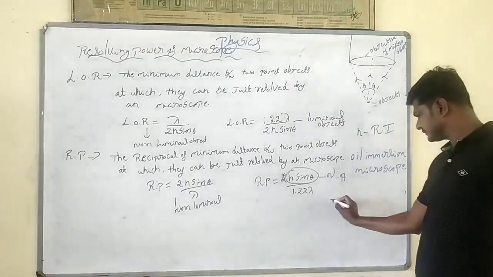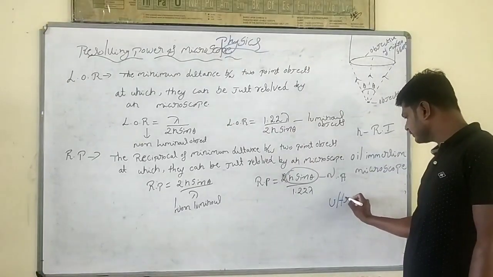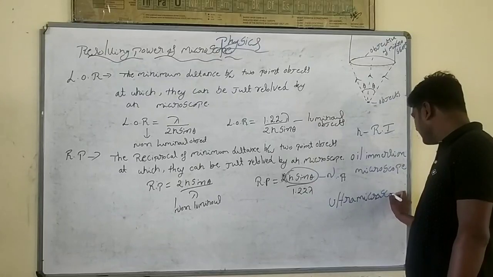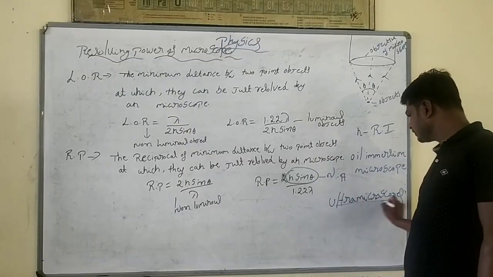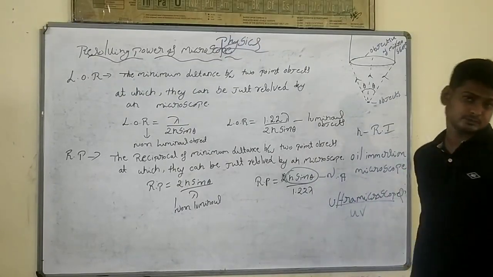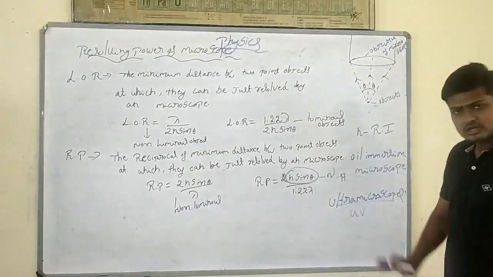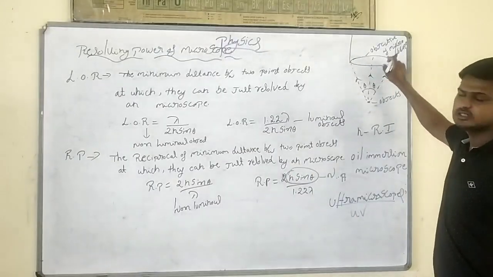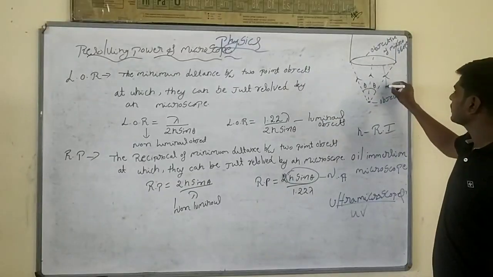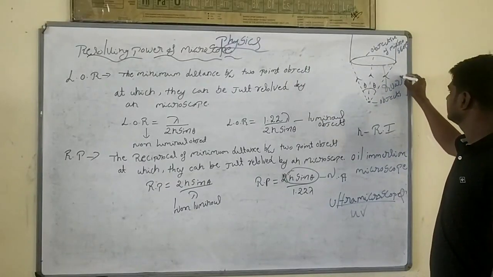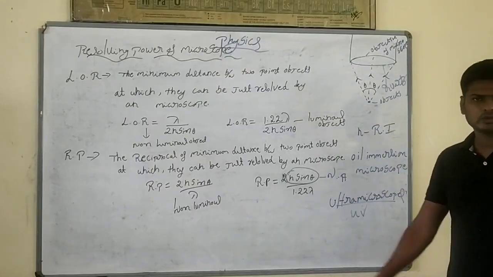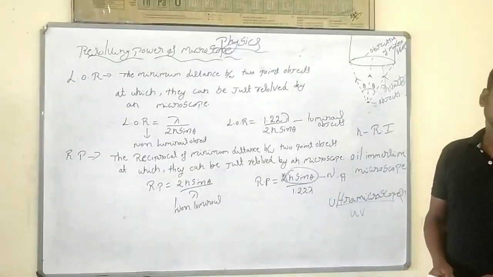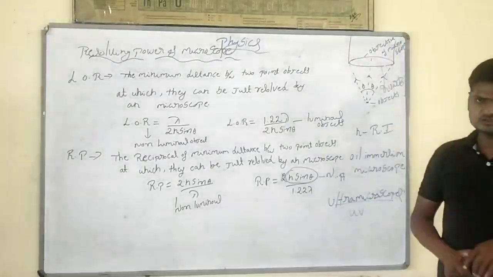Keep in mind the note points: in ultra microscopes, we use UV light, and the objective is made of quartz material. That type of microscope we call an ultra microscope. This one you have to keep in mind.